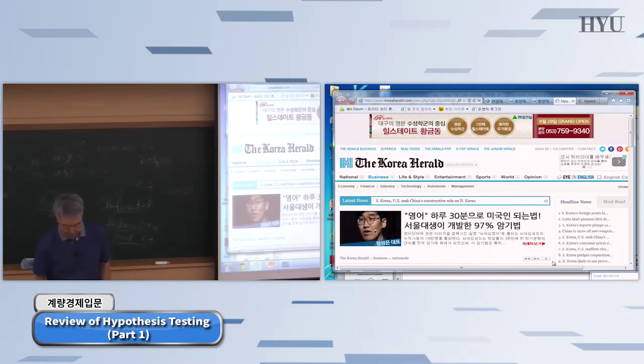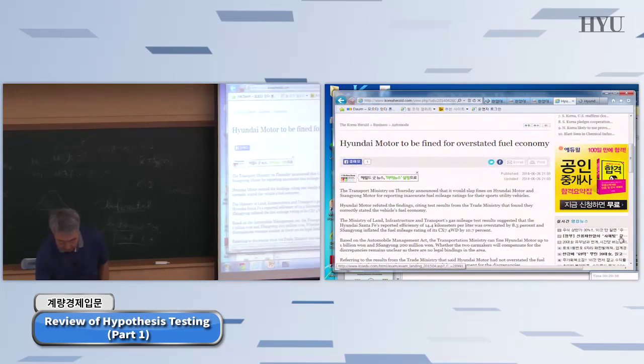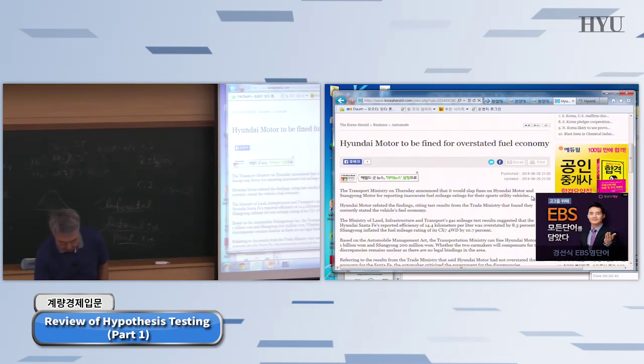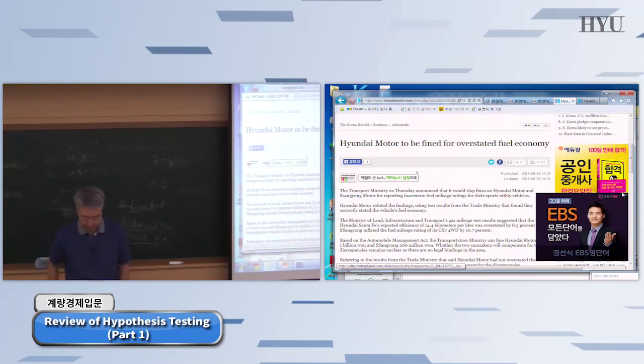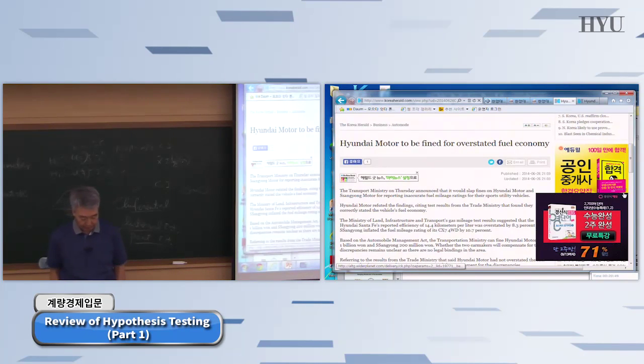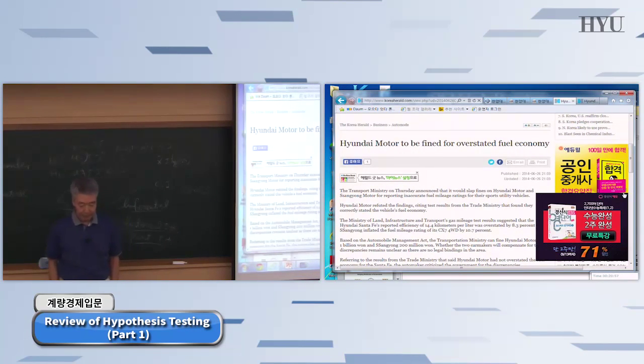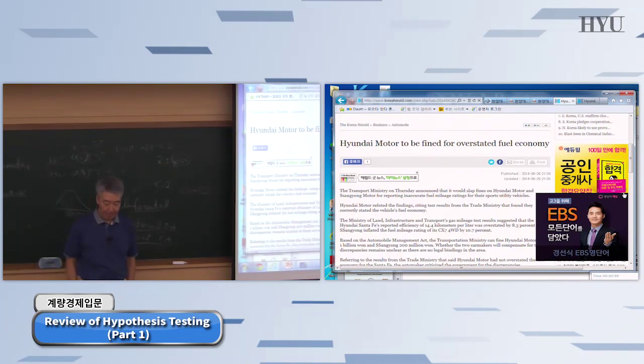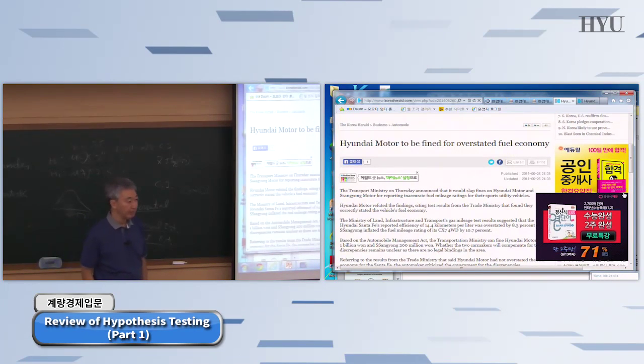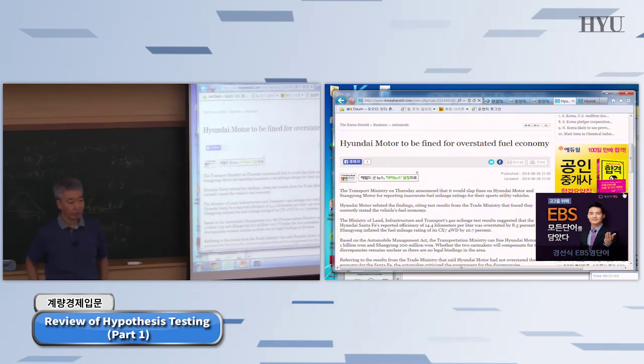This is the Korea Herald, June 26 last year. It says the Transport Ministry on Thursday announced that it would slap fines on Hyundai Motor and Ssangyong Motor for reporting inaccurate fuel mileage ratings for their sports utility vehicles. So apparently it's not just Hyundai and Kia, but some other companies were doing that in Korea.